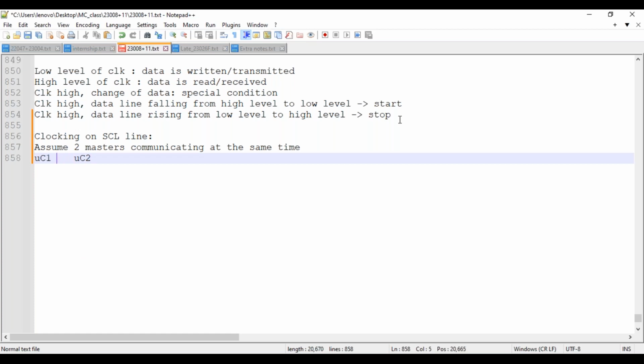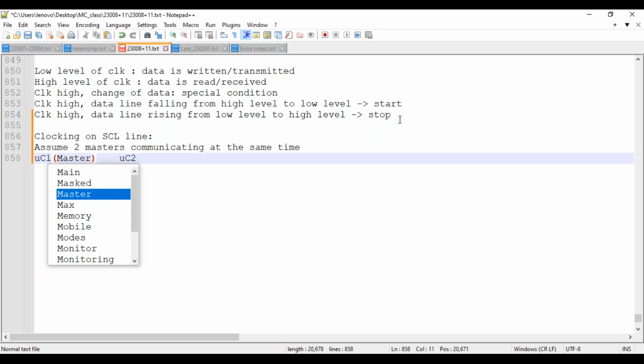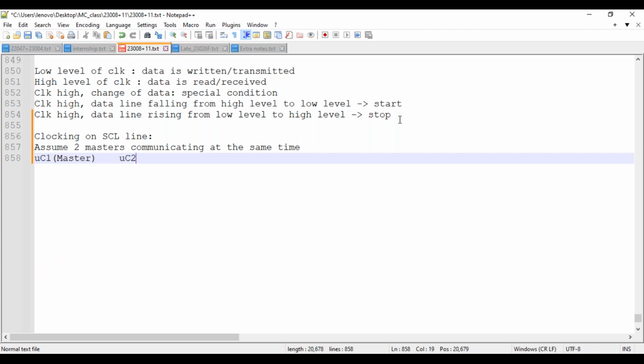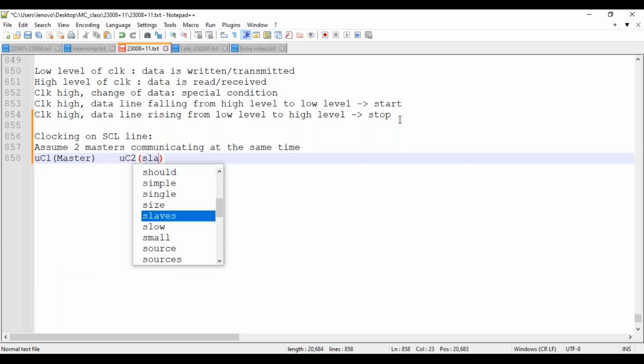Now, both the microcontrollers cannot behave as a master because there is only one clock line and only one can generate the clock pulse. I don't have two different clock lines. Now, assume microcontroller 1 is behaving as a master and microcontroller 2 is behaving as a slave.